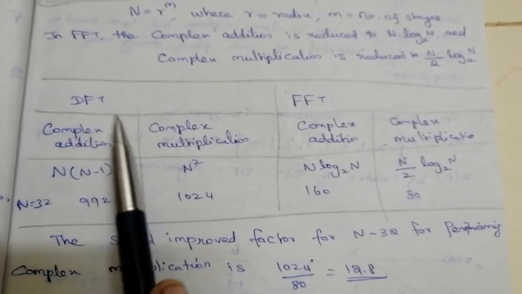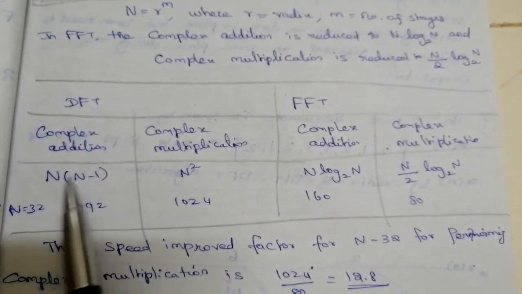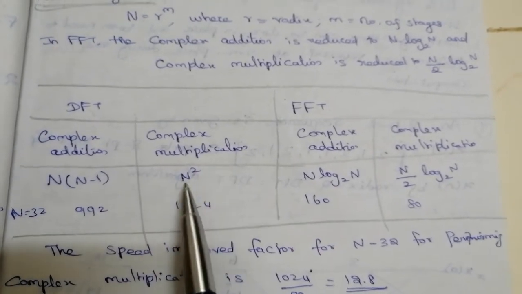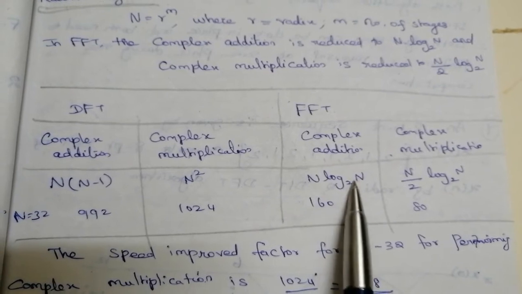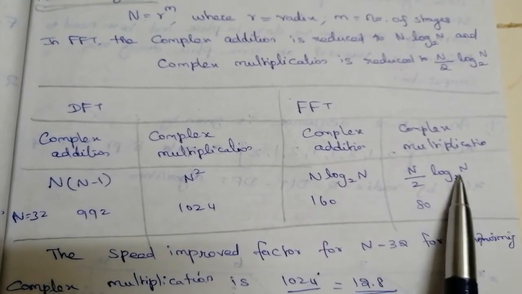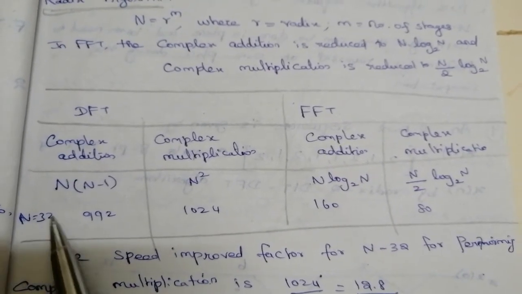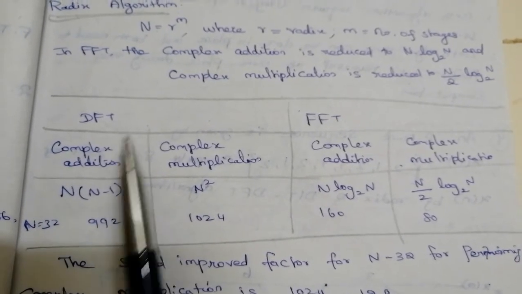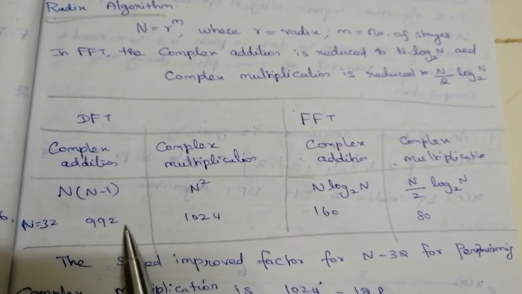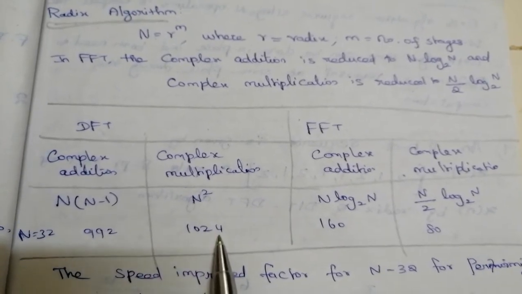So in DFT, the complex addition formula is N into N minus 1 and complex multiplication is N squared. Whereas in FFT, the addition formula is N log 2 N, and multiplication is N by 2 log 2 N. For example, if N equal to 32, in DFT it requires 992 additions and 1024 multiplications.